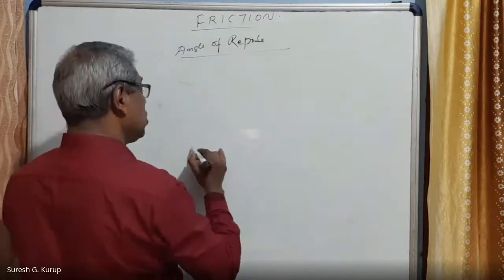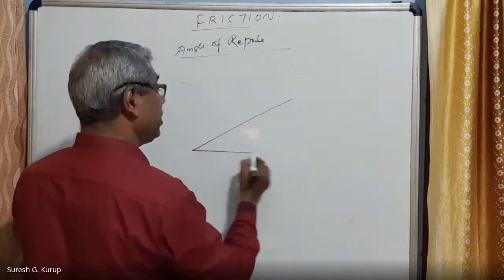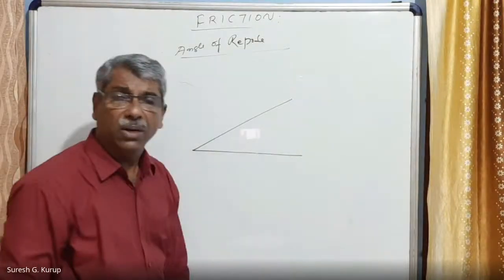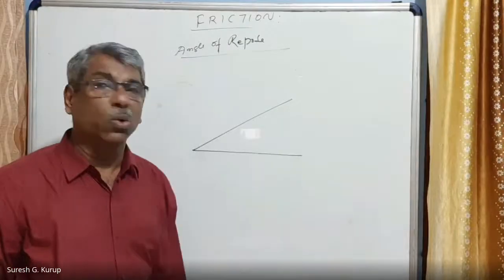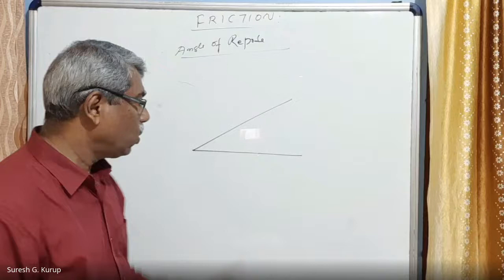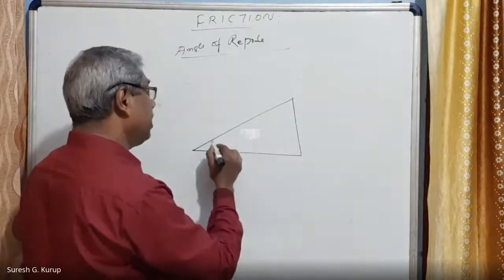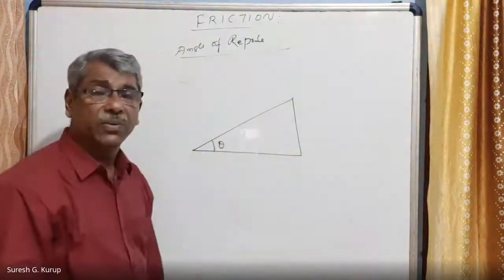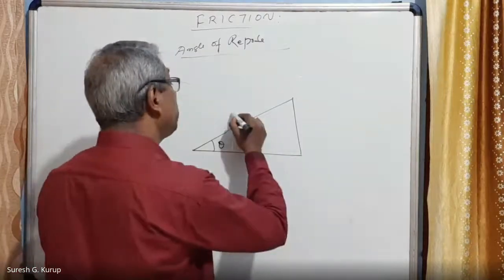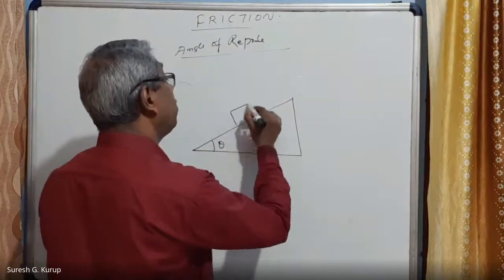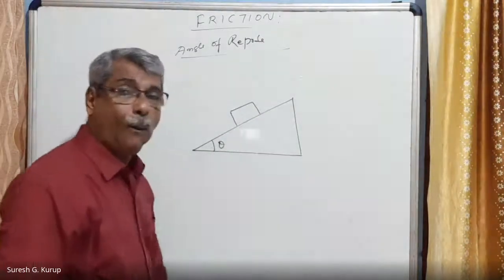In this case, we have to consider an inclined plane. What is an inclined plane? A plane which makes an angle theta with the horizontal is called an inclined plane. So this inclined plane makes an angle theta with the horizontal. A body is placed there, as shown in the figure.